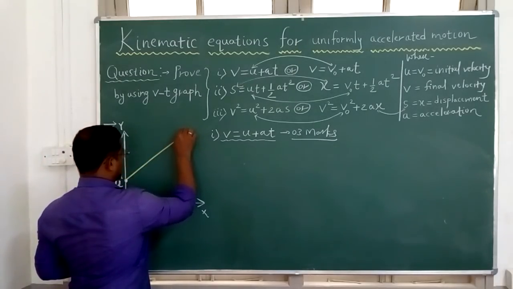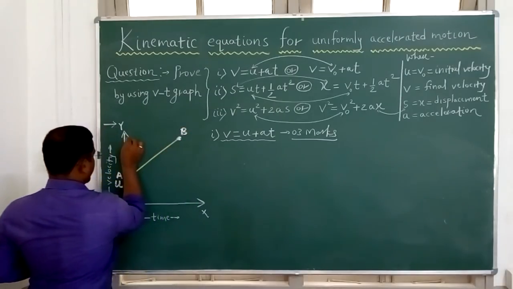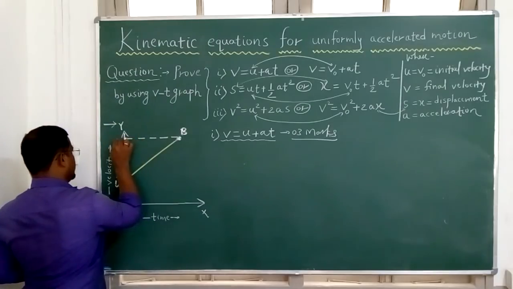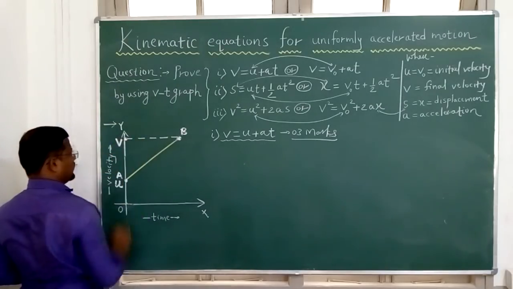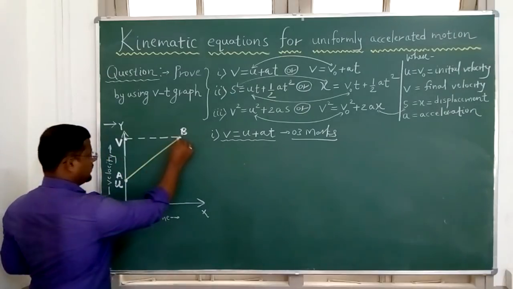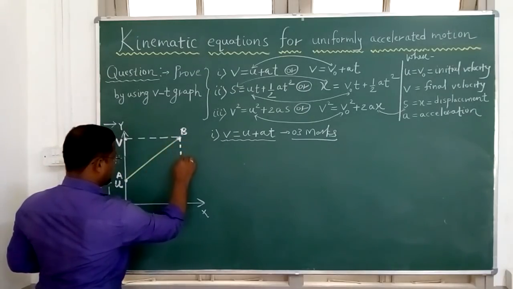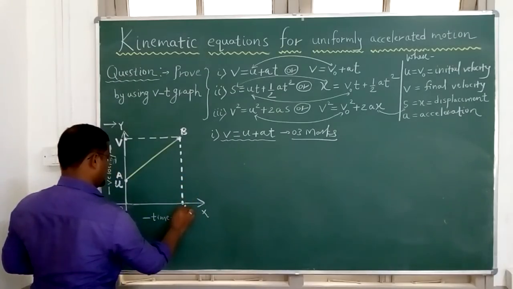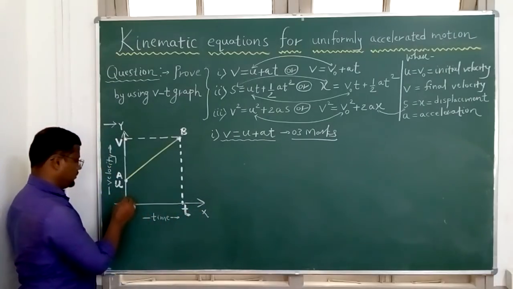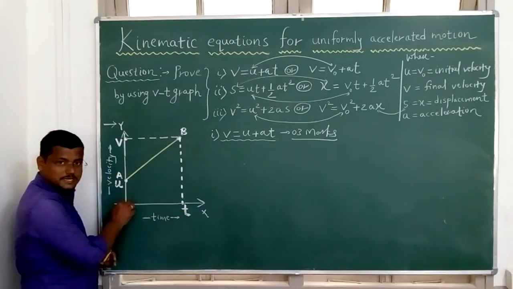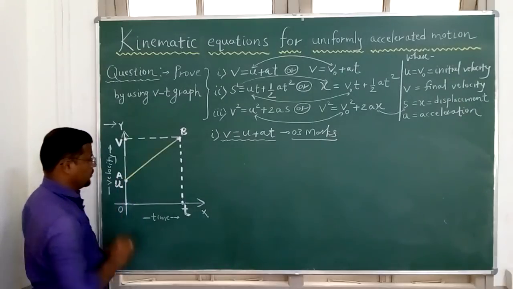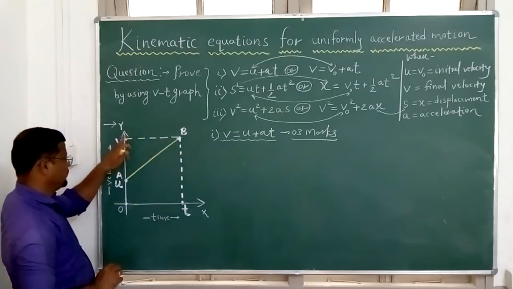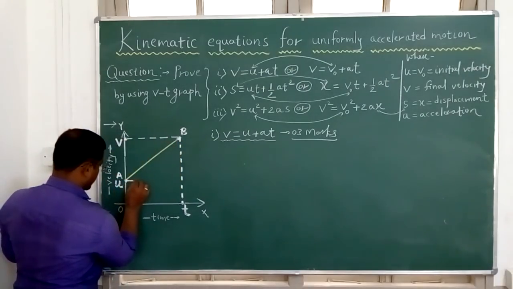I can mark this final position as b, and at point b the final velocity is v, and the time is t. At time t equal to 0, what was the initial velocity of the object? u. At time t, what is the final velocity of the object? It is v. And this also I will join here.